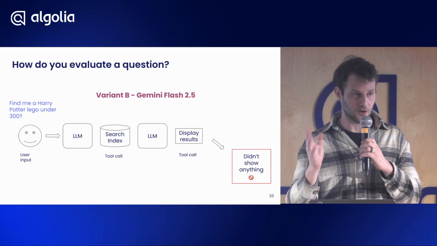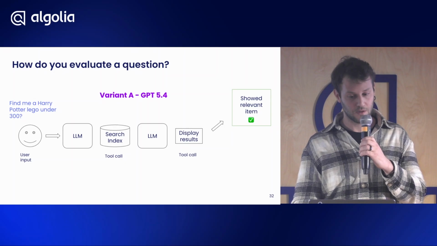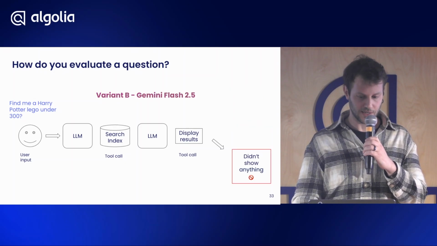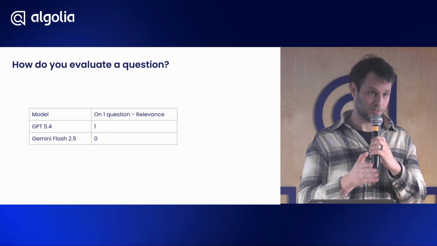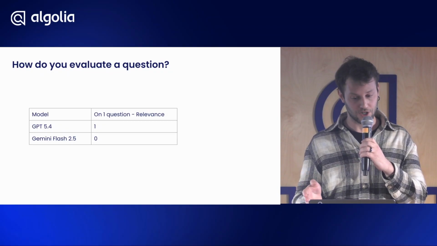So you know that on this one case, OpenAI did better than Gemini, right? So you can record these answers as a 1 next to GPT-5.4 and as a 0 next to Gemini Flash.